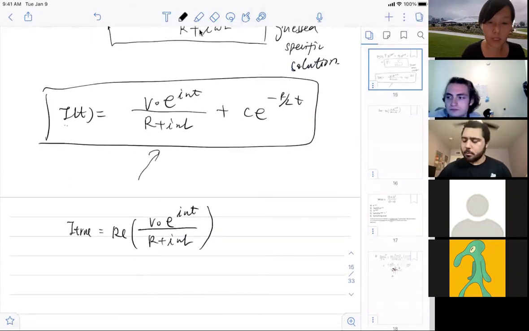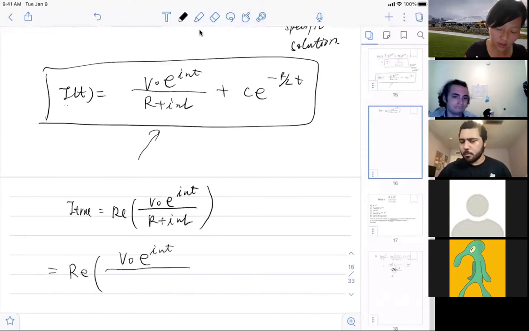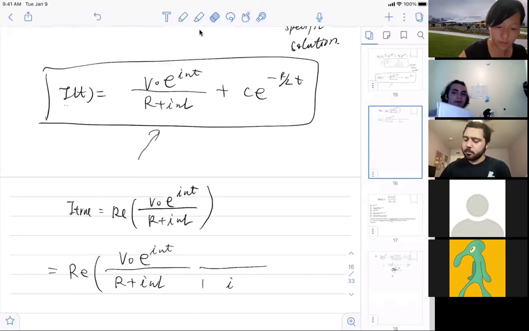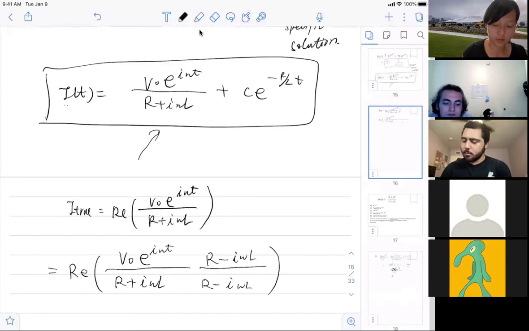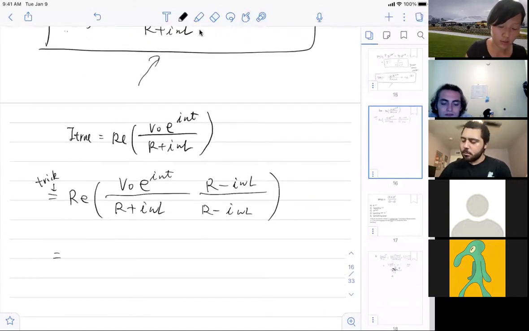I'm going to multiply it out. So this is what we're going to do. It's going to be V naught e to the i omega t plus this, so multiply by R minus i omega L, R minus i omega L. So this is the trick, right? We just learned this trick.